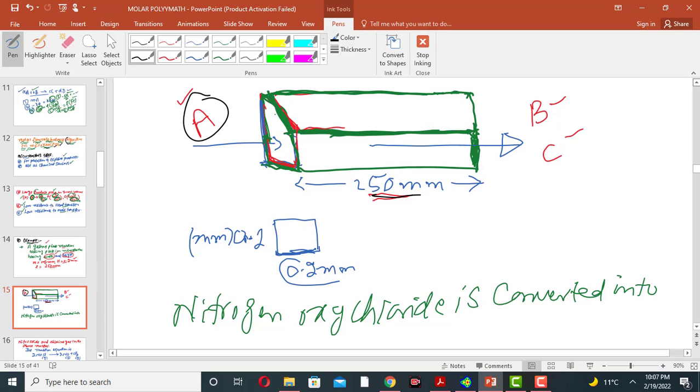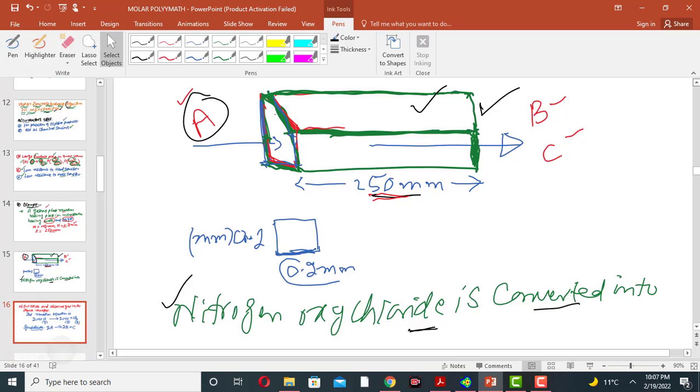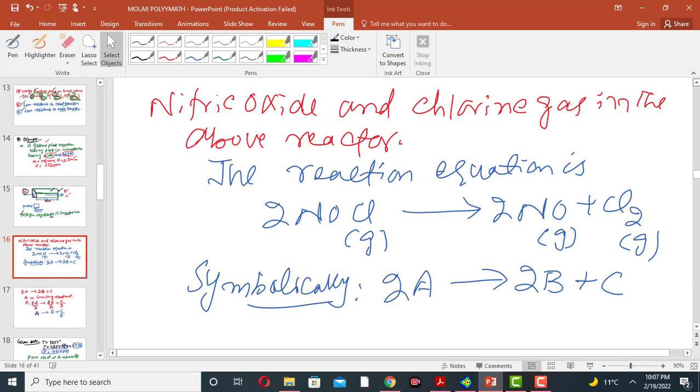Now what is taking place in the microreactor? A gaseous phase reaction is taking place in this microreactor. Nitrogen oxychloride or nitrosyl chloride is converted in this microreactor into nitrogen monoxide or nitric oxide and chlorine gas.